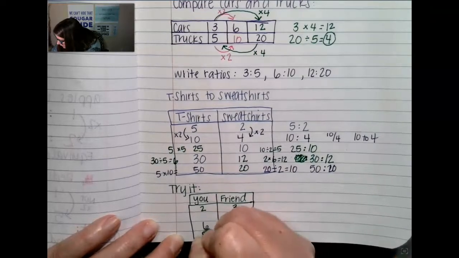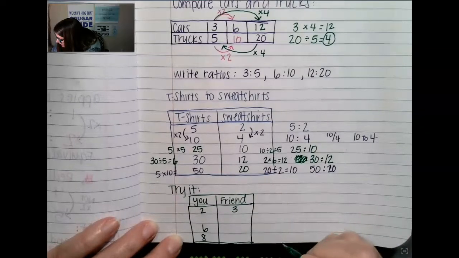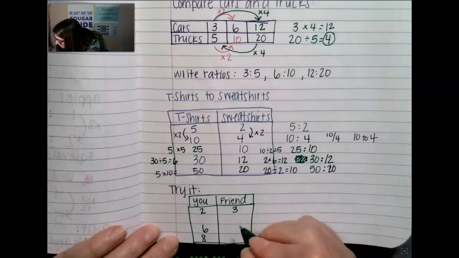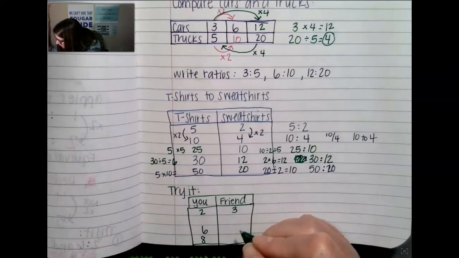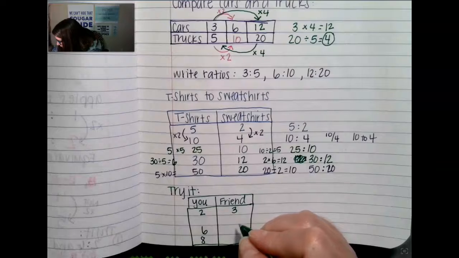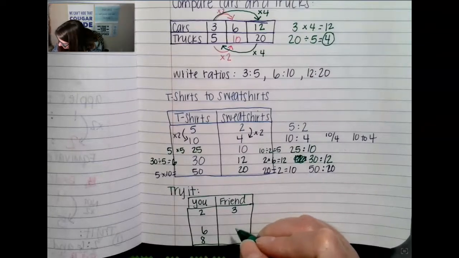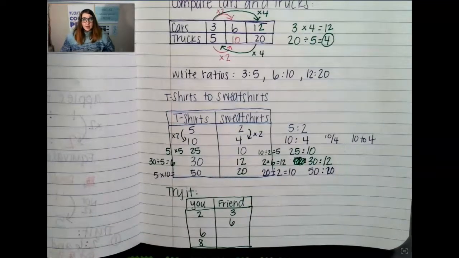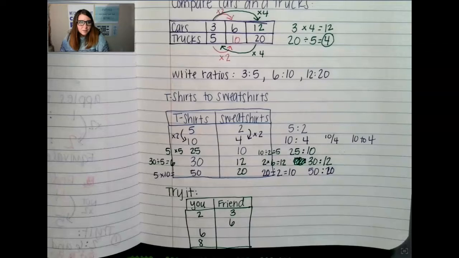Okay. And we're going to do 6 here. And we need to figure out what our multiplier is going to be over here. 6 there. Okay, so now I want you to hit pause so you don't hear me solving this problem. And then you are going to solve it on your own. And then when you're done, come back.